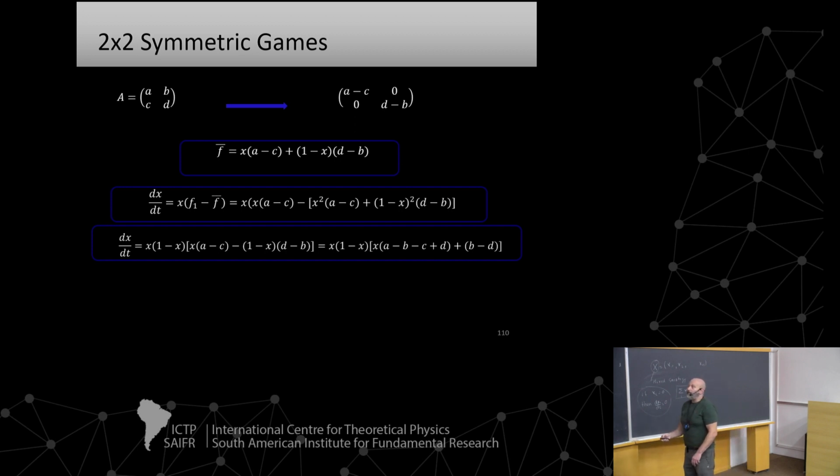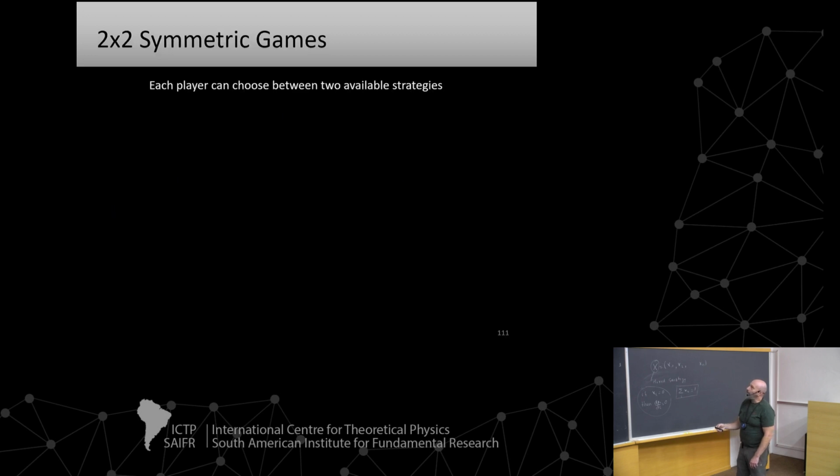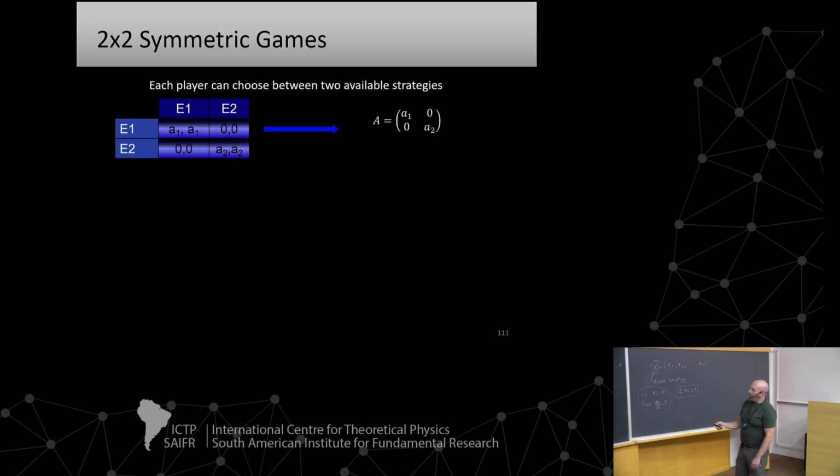So this is what I'm trying to exploit: instead of using this payoff matrix with 4 parameters, to explore a game with only 2 parameters. I can replace this difference by this, and I will have only 2 parameters, A1 and A2.